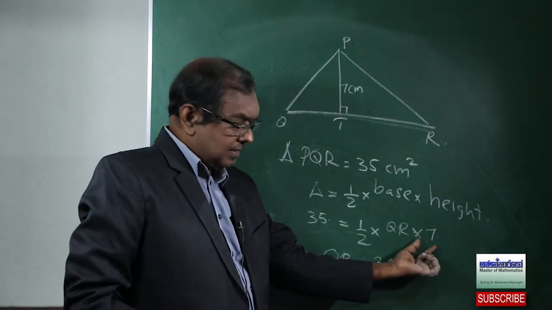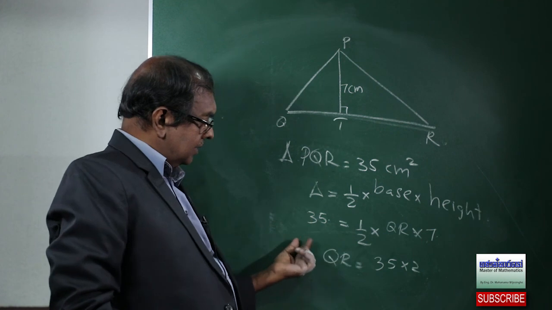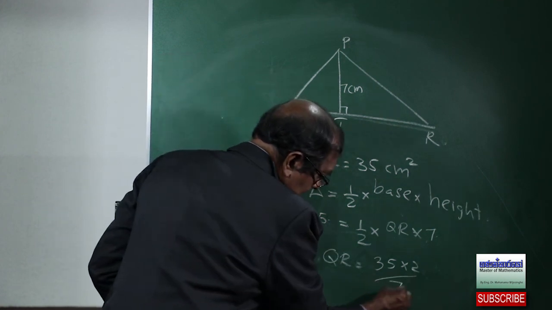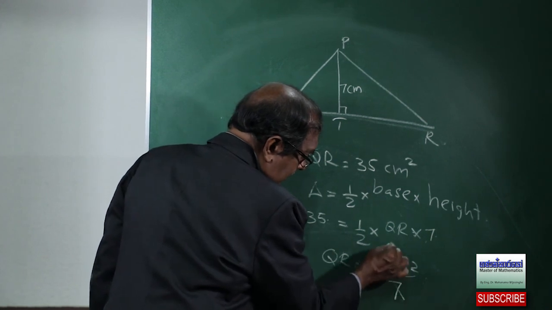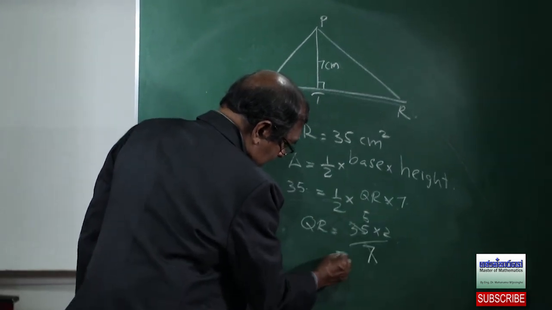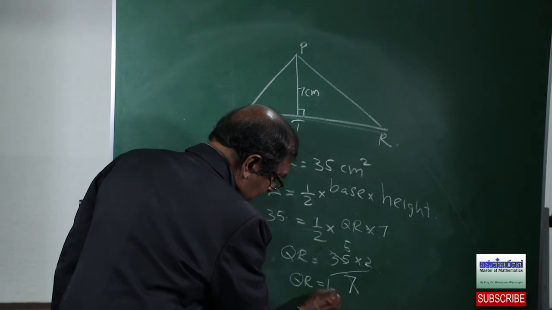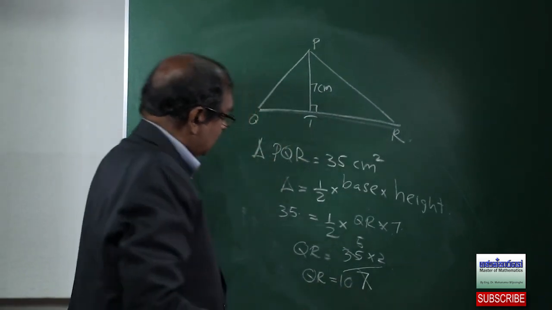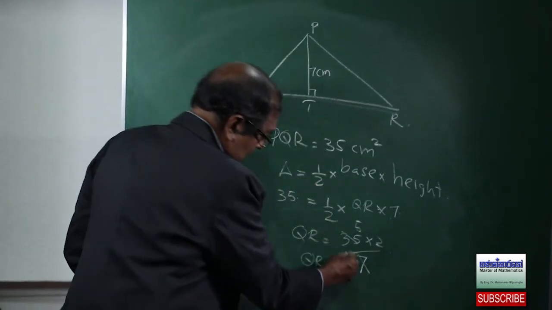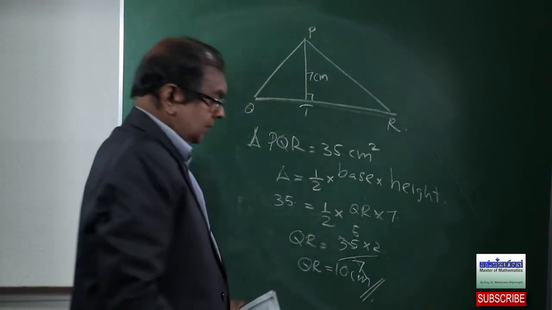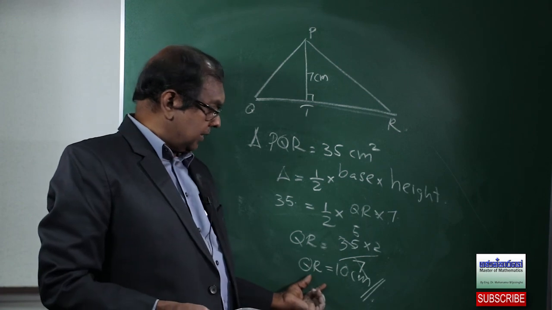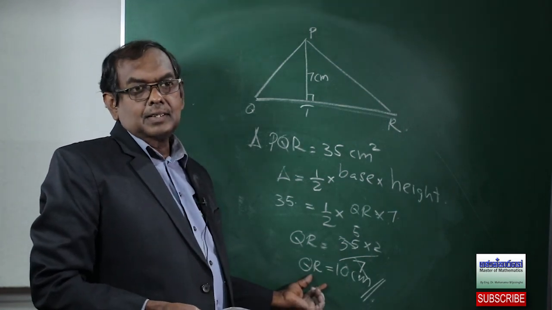This multiplication, when we take the other side, it should be division. Then what is the answer? 7 into 5, 5 into 2, 10. QR equals 10. Those are in centimeters. The answer is QR equals 10 centimeter.